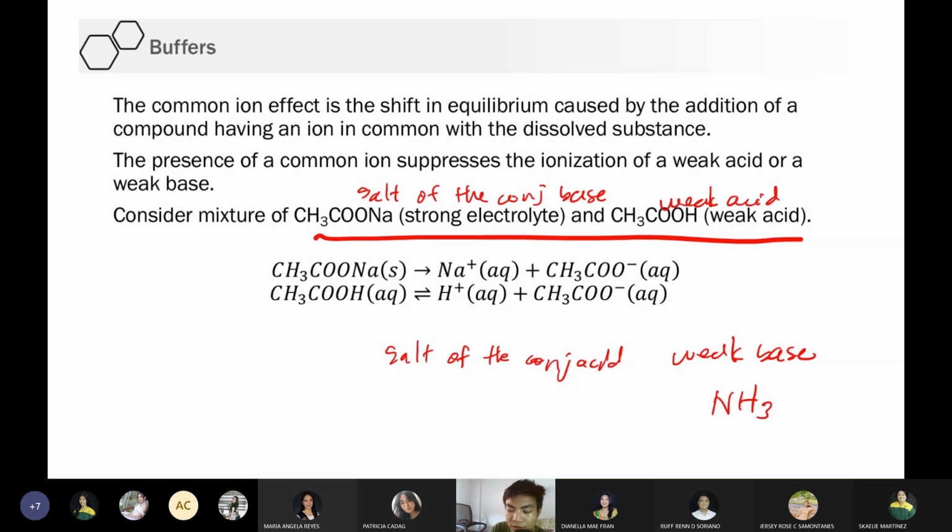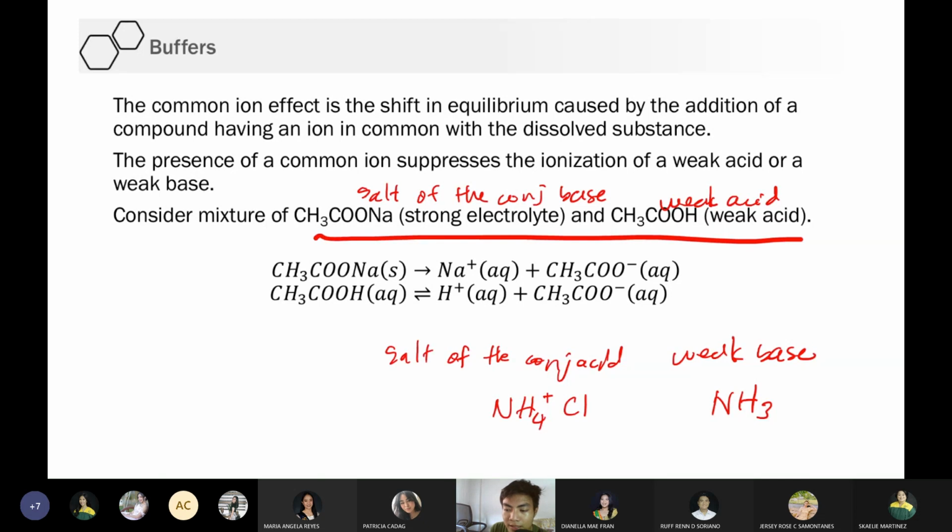And ano yung salt ng conjugate acid natin? Or you just add H+. Pwedeng ammonium chloride, no? So that's the common. So this is the salt of the weak base. So ganun lang. You must have either of these two. No? That will give you the buffer system.